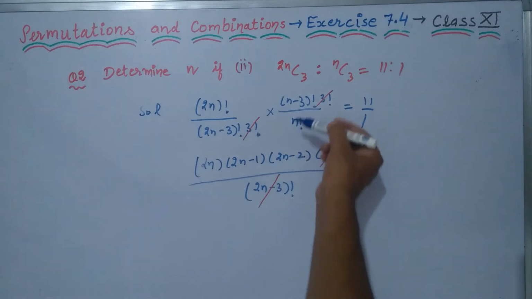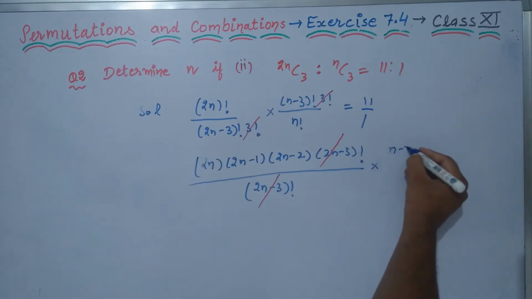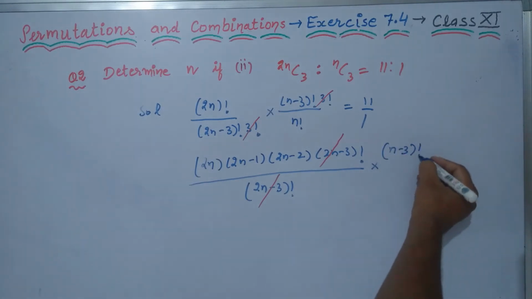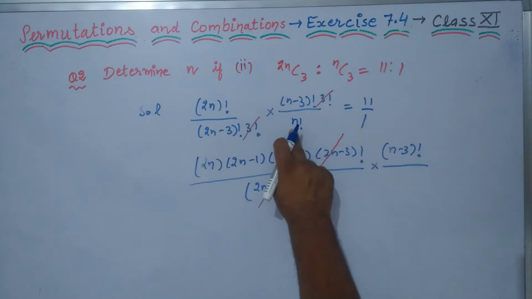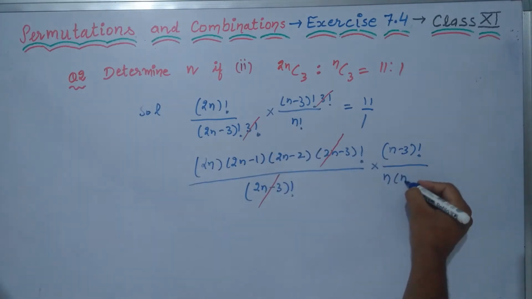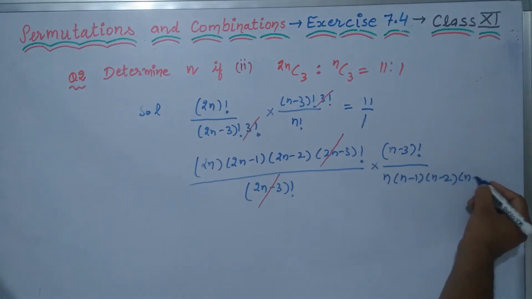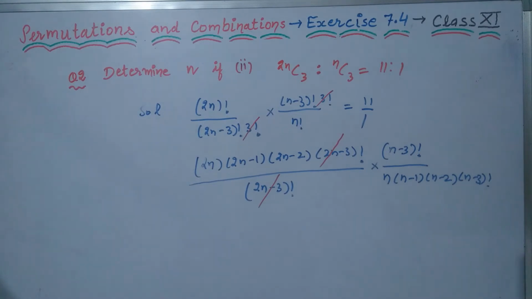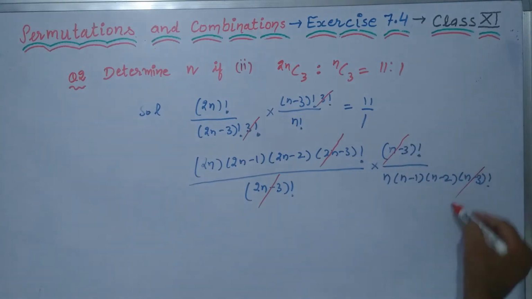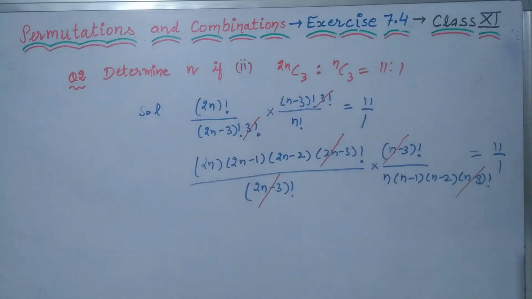Next term is right hand side, here next (n minus 3) factorial. In the denominator this is n factorial, so we proceed n into (n minus 1), (n minus 2) into (n minus 3) factorial. Again we reached up to (n minus 3) factorial, so cancelled. So next we have equal to right hand side is 11 upon 1.